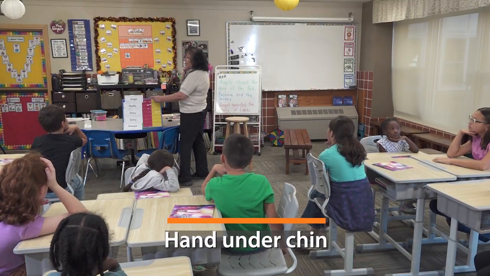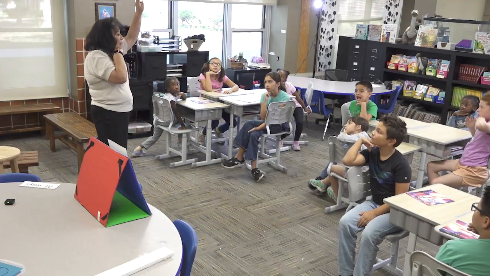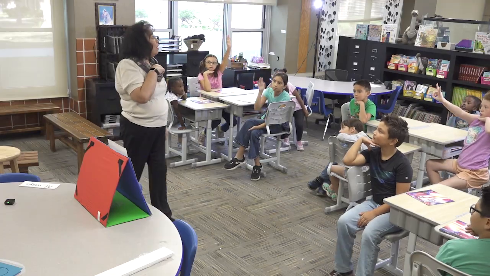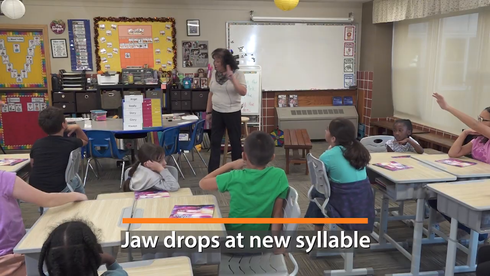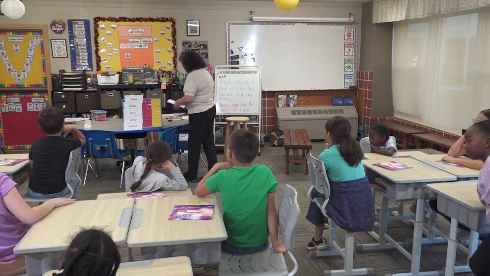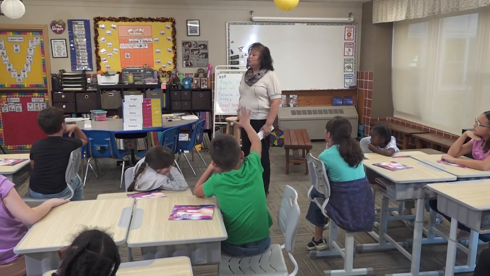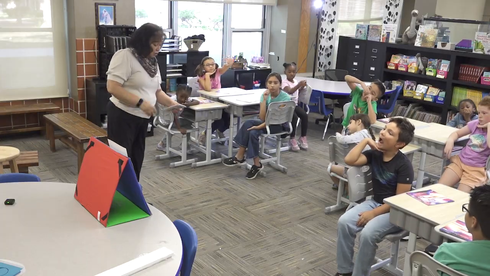Okay, we're going to say angel. Ready? 1, 2, 3. Angel. How many times did our mouth open? 2. 2 times. Yes, thank you. So, how many syllables does angel have? 2 syllables.